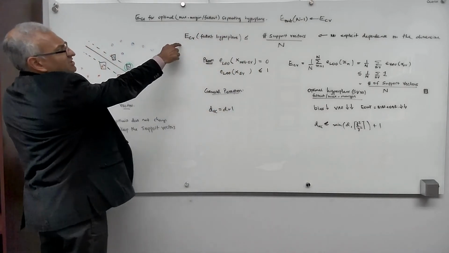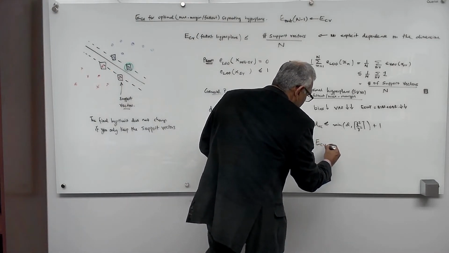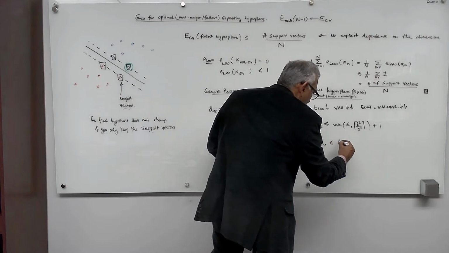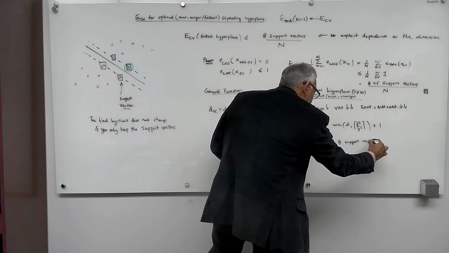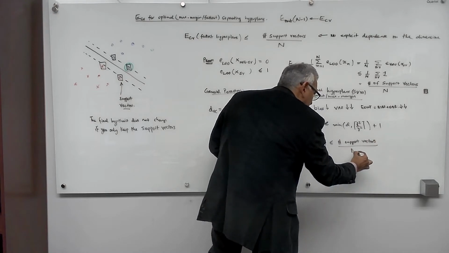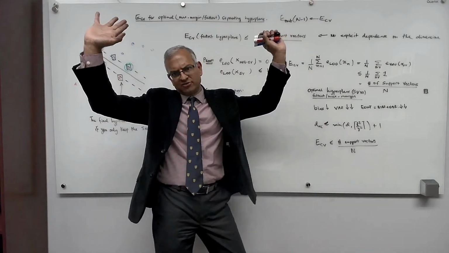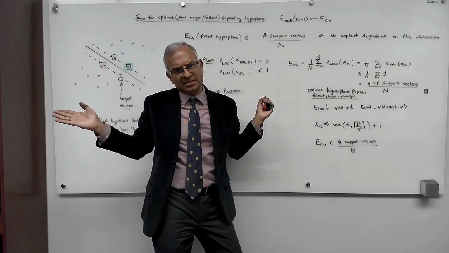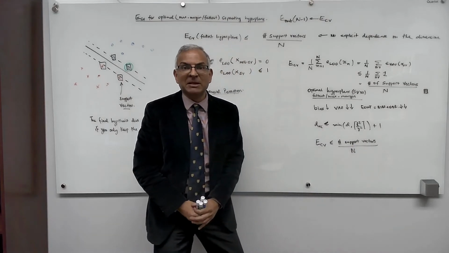And then we have this stunning result that the cross-validation error, E cross-validation, is at most the number of support vectors divided by n. So if n is big and the number of support vectors is under control, the out of sample error is under control. And it looks like it's not explicitly dependent on the dimension.